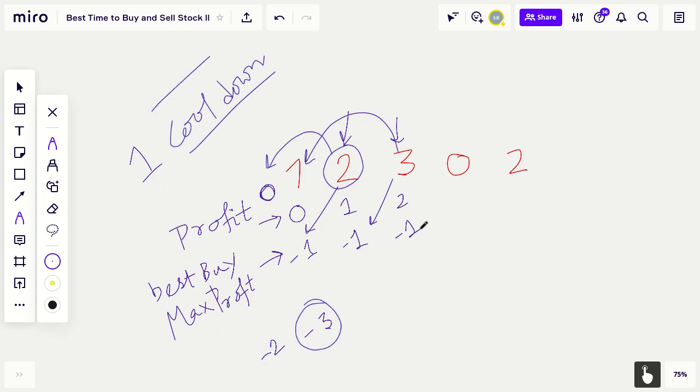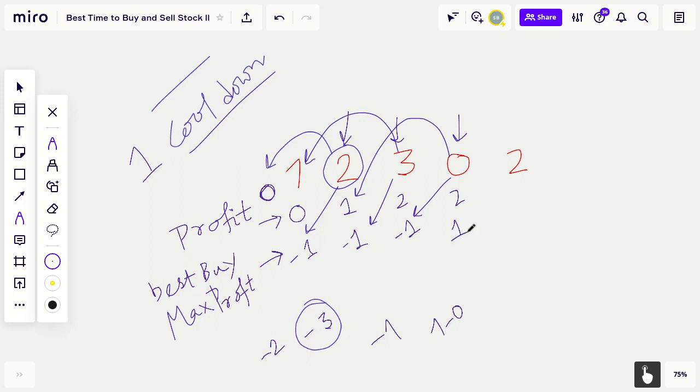Now come at this 0. If you add 0 with -1, then what you get is -1, but you still have a profit of 2 over here, so you are putting 2 because that is greater, right? And you see 1 beyond, and you see here it is saying 1, so you do 1 minus 0, and here you find the greater value of 1.